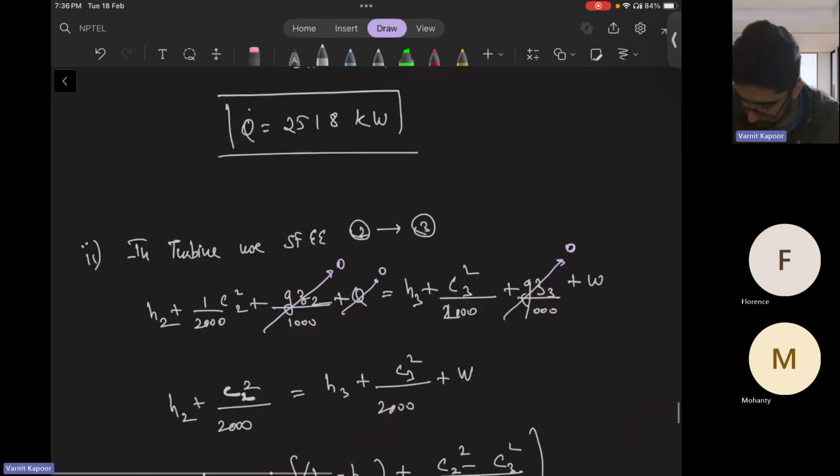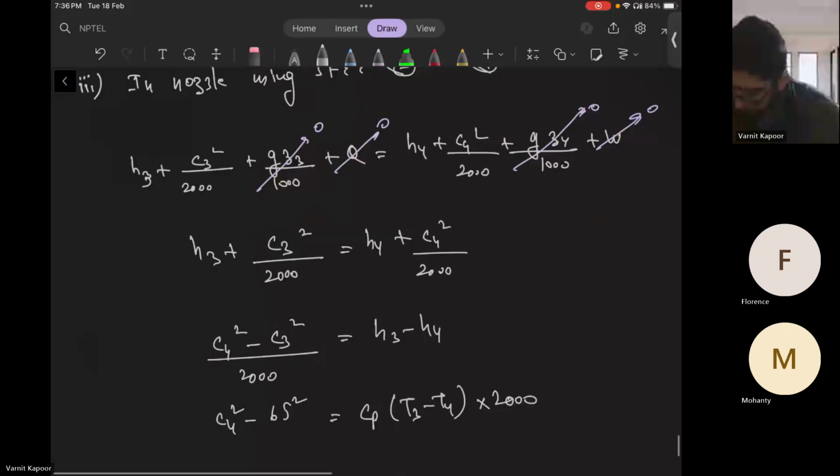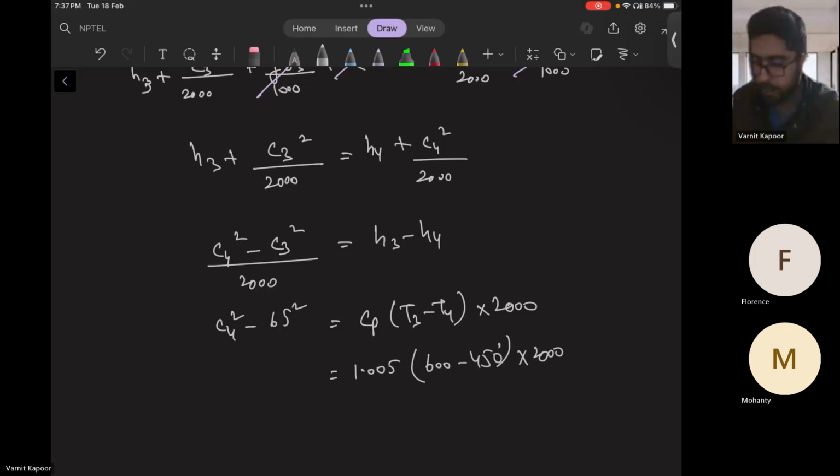All right. So what is T3 and T4? T3 is 600 and T4 is 450. Cp is 1.005. So 600 minus 450, into 2000, into 1.005, plus 65 square, under root of that.